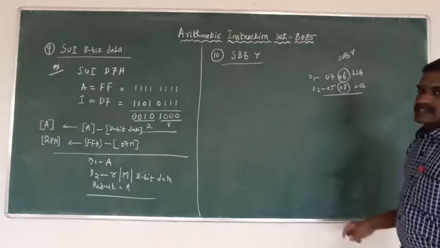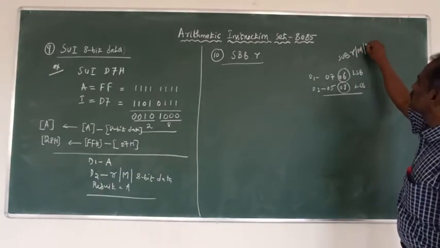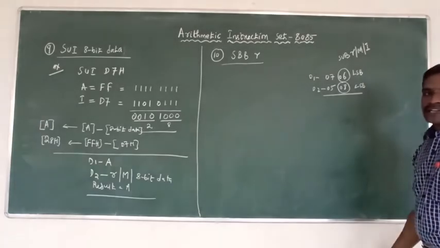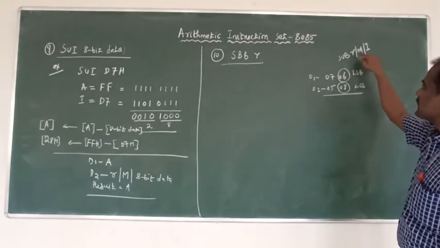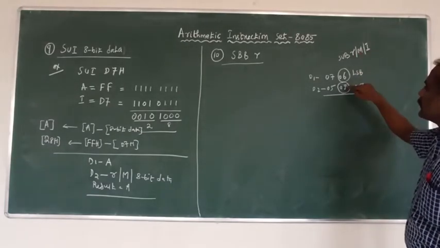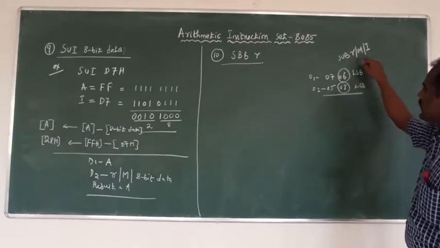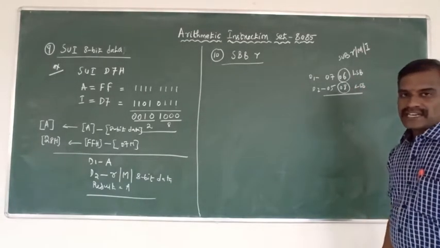SUBR instruction. SUBR or SUBM, or immediately given 8-bit data. So data 1 is always in the accumulator, the second data will be either a register or memory address location data or immediately given 8-bit data.